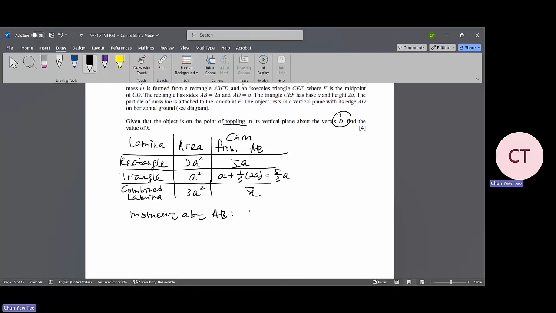So you will have 2A square half A plus the A square 5/3A is equal to the 3A square bar X. A square cancel. So you have A plus the 5 over 3A is equal to 3. So your bar X will be equal to 8 over 9A.